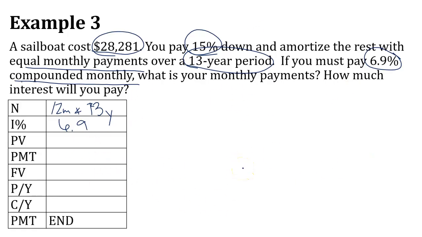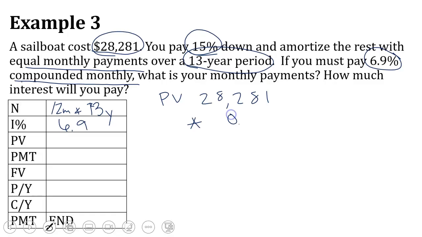Our present value, we need to figure out, because we ended up paying a 15% down payment. To figure out the present value, we need to take our $28,281 times our 15%. So you do need to change that 15% into a decimal. And you get $4,242 as the down payment.